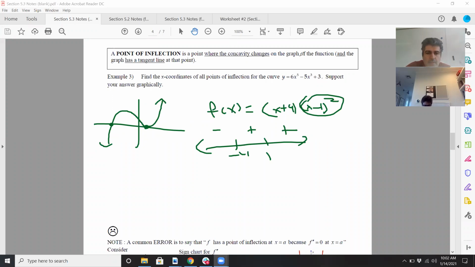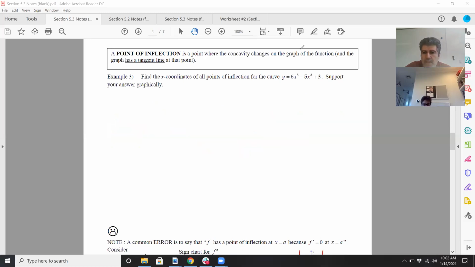Well, the points of inflection, yes, the concavity and the points of inflection are closely tied, 100%. In fact, when you're doing the sign chart for the second derivative, you want to extract both the intervals for concave up, concave down, and points of inflection. Absolutely.